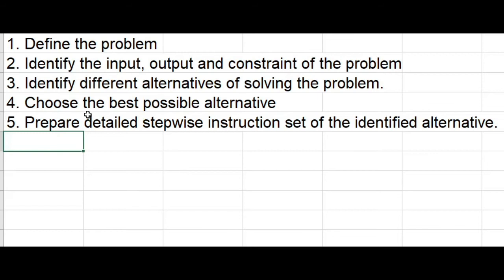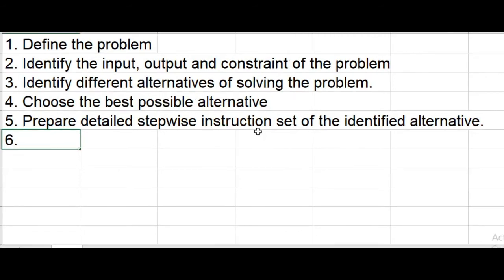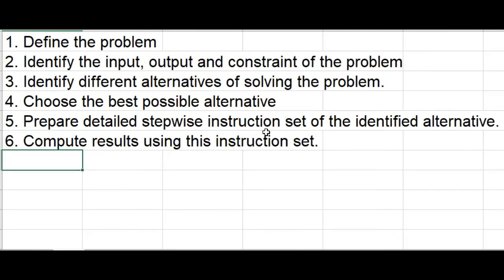This is one kind of blueprint for a software or program. The next step is to prepare a detailed stepwise instruction set of the identified alternative. After selecting the best possible alternative, we are supposed to create a detailed stepwise instruction set of only that alternative that we have selected.